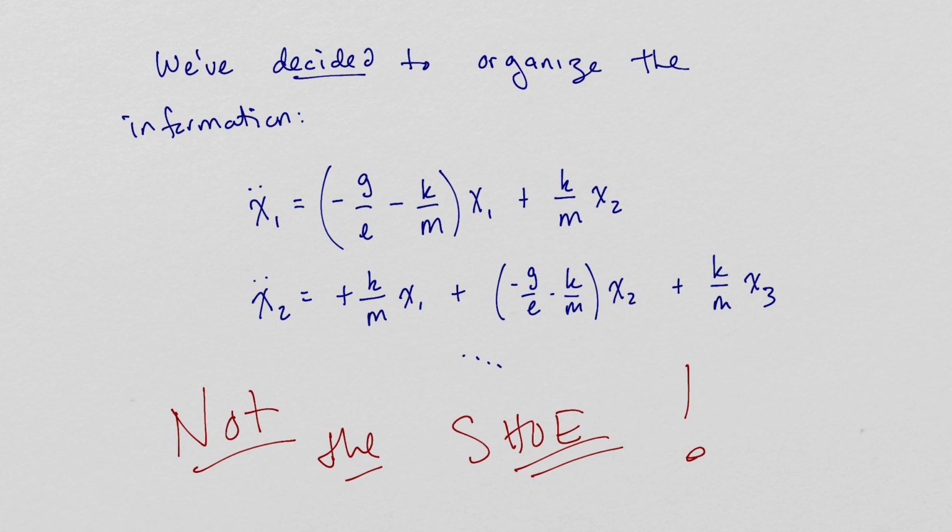All of these, it's really a system now, right? And so the way that I've written it down here, the way that I've chosen to express the position of all of these bobs, really explicitly is not the shoe. Right? And that's something to keep in mind: as I've written it like this, it's not shoey, just linear.